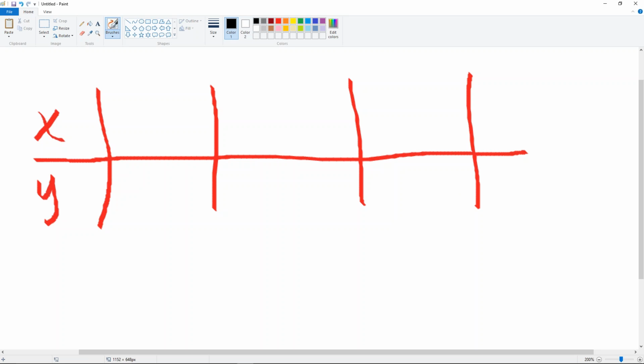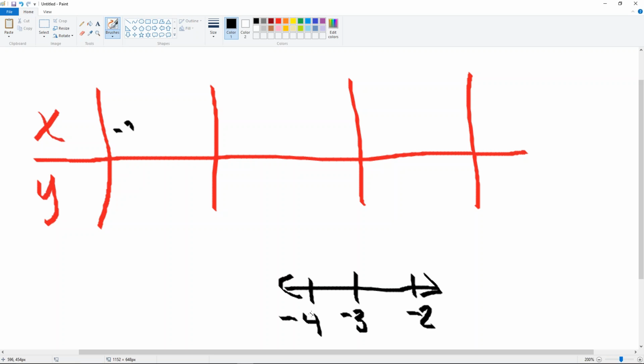So I would say negative 3. To the left of negative 3, we've got to be careful though, right? Because here's negative 3. To the right of negative 3 is negative 2. To the left of negative 3 is negative 4, right?